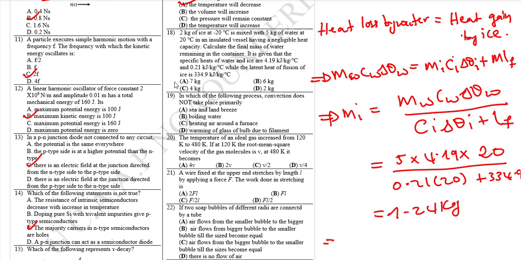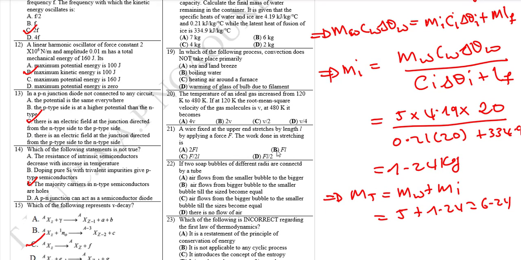So it means that the total mass M total will be M water plus M of ice that has dissolved. So that will be 5 plus 1.24, which is equal to 6.24 kilograms. Now we have 7, 6, 4, 2. Well, we are going to take the one that is closer, and the only closest answer there is B, which is 6 kilogram. Question number 19.